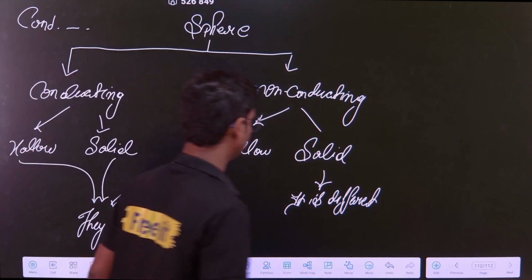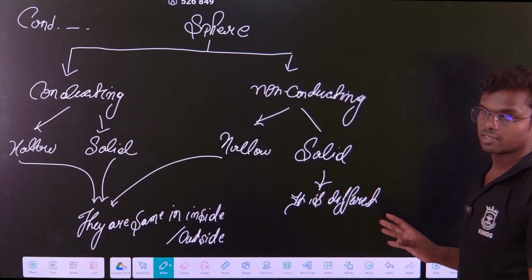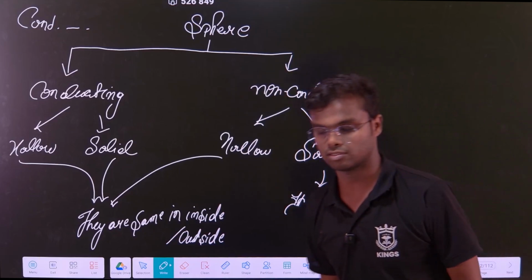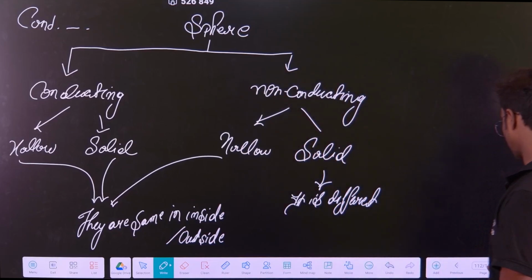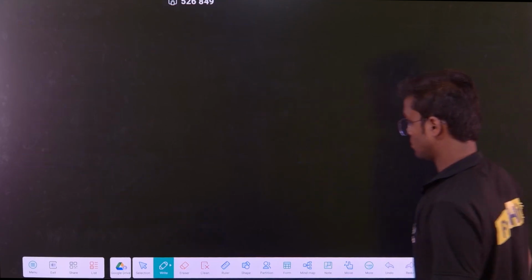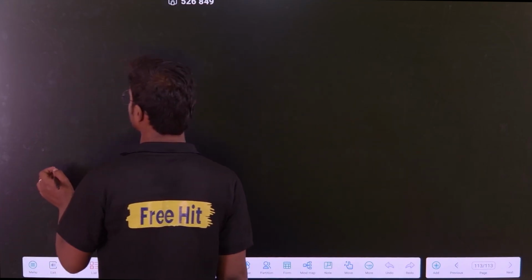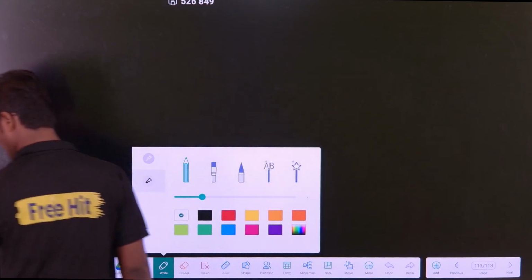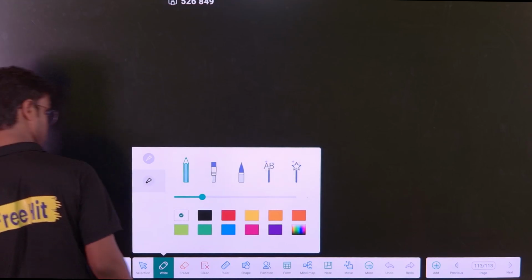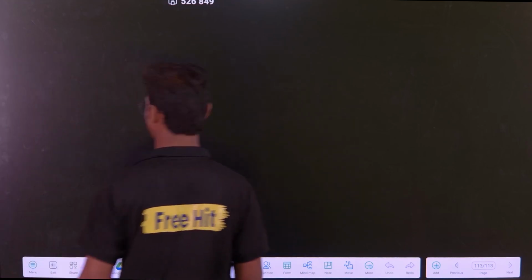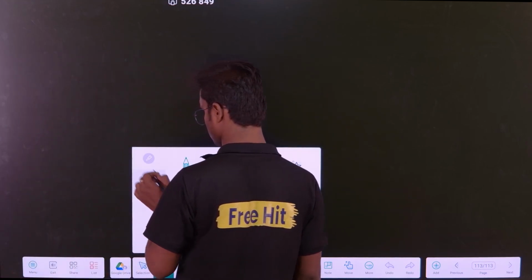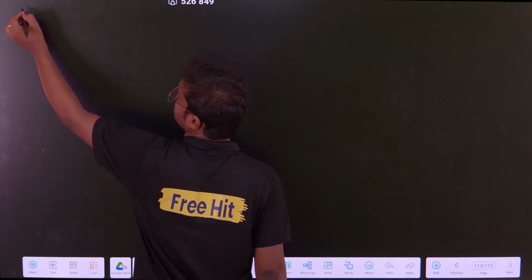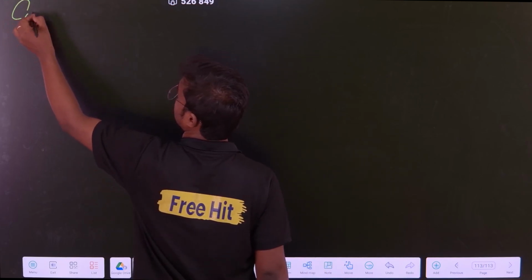Yes, so it is a different case. That is the overall conclusion which I am trying to give you in the study session. Now let us start with this. Correct. So basically, let us start. First I am going to take the conductor.